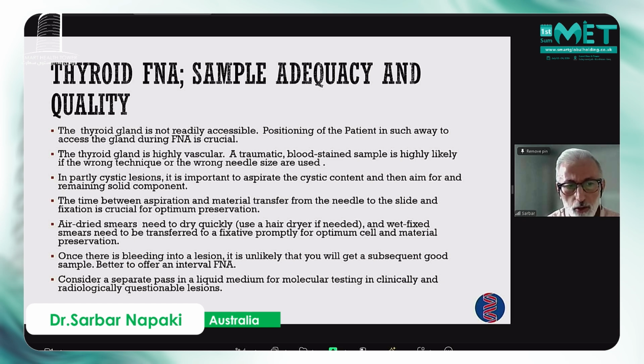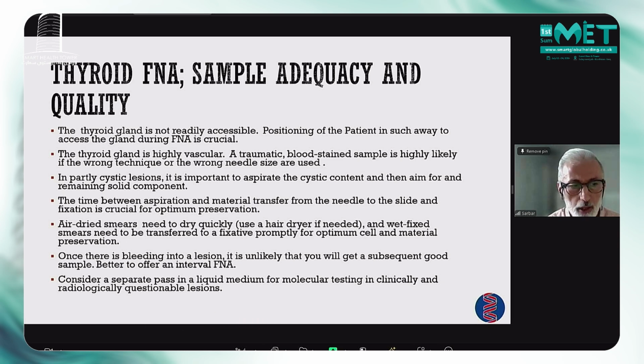Generally speaking, air-dried smears need to dry very quickly. So the moment you spread it, you need to make it dry and use a hair dryer if you need to. Wet fixed specimens, that is slides, which are put in alcohol, need to be transferred to a fixative promptly after spreading for optimum cell and material preservation.